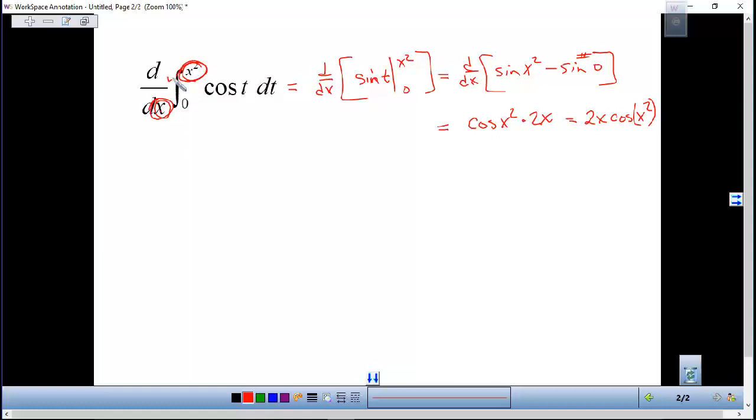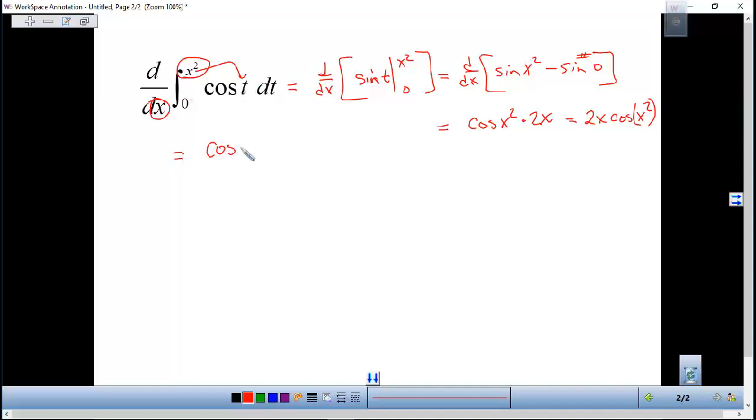That is enough. Check. And then the second part, the lower limit has to be a constant. So check. So we're going to adjust it just a little bit and say, as long as the variable that we're taking the derivative with respect to matches the variable in the function in the upper bound, we're okay.